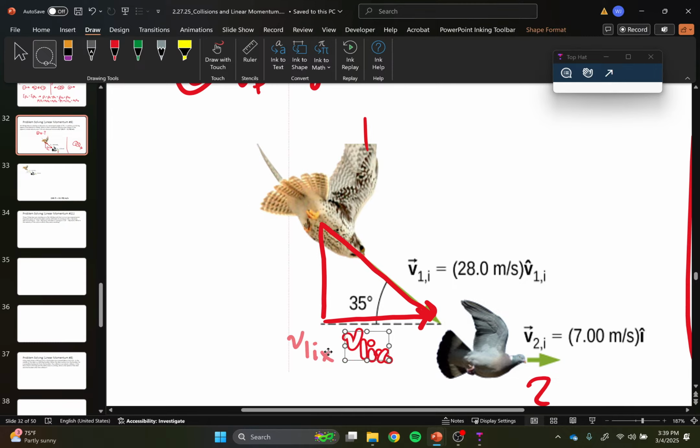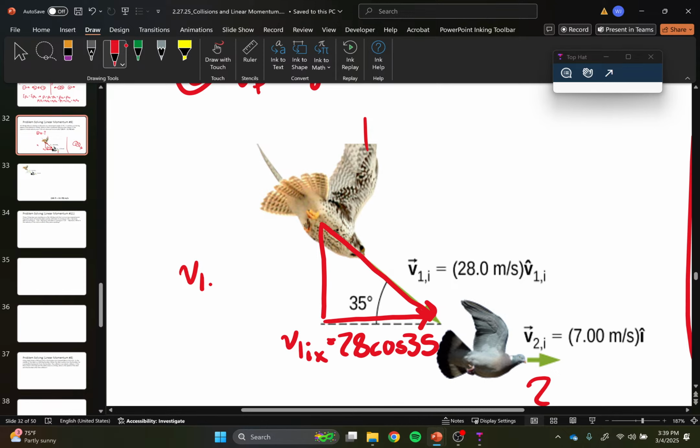That one's going to be positive. And this is going to equal 28 times cosine of 35. Why is it cosine? Because it's the adjacent side.